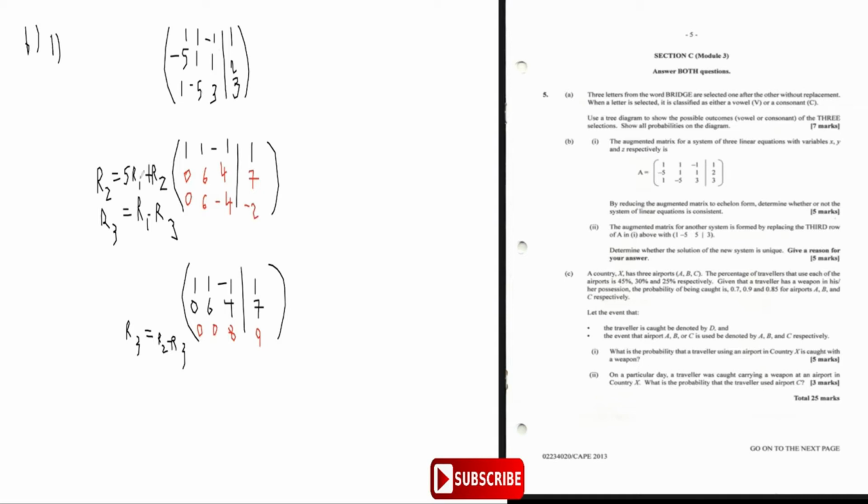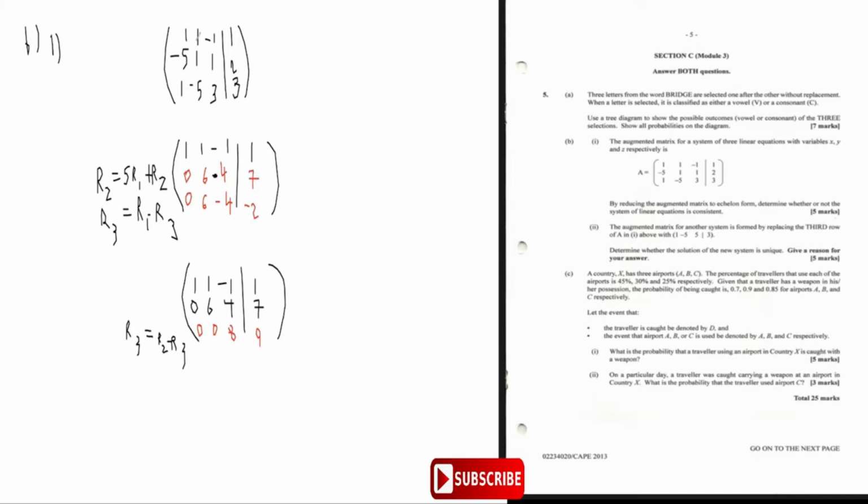Oh no. Row 2. 5 of row 1, 5 of this plus this is 0. 5 of 1 plus this is 6. 5 of this is minus 5. Minus 5 plus 1 is minus 4. This should have been minus 4. 5 of this is 5 plus 2 is 7.